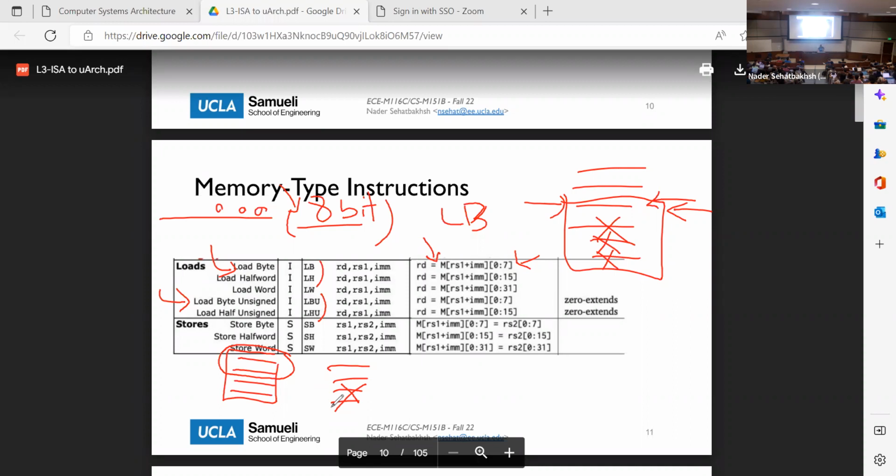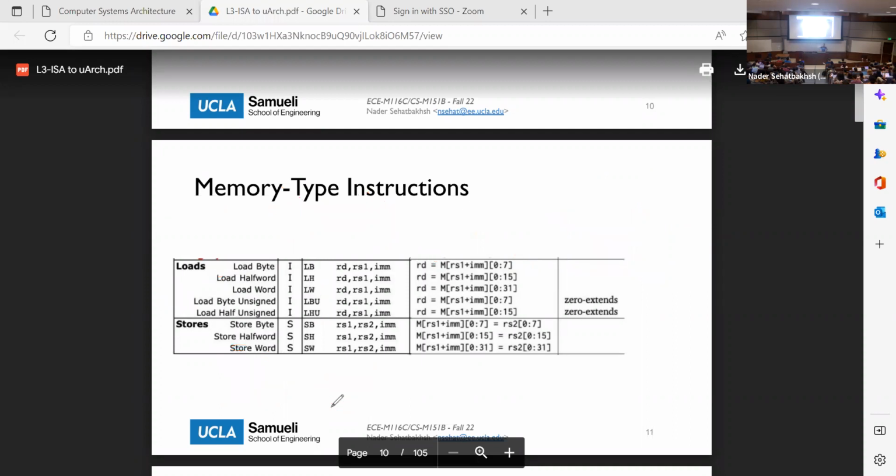Cool. So now let's look at the store instructions. Stores, as I said, are when we are providing data to the memory. As you can see, the big difference is it doesn't have RD anymore. It has RS1 and RS2. The way it works is that RS2 is the data, and RS1 is still doing the same for the addressing.